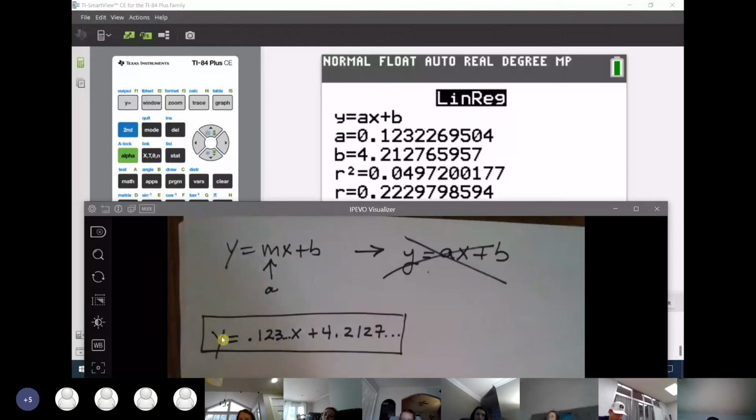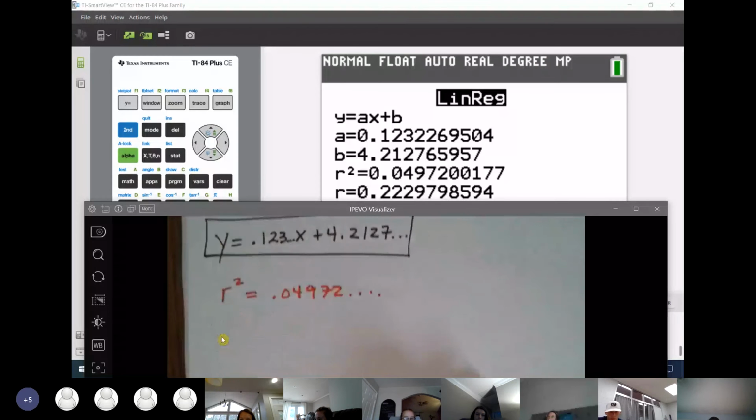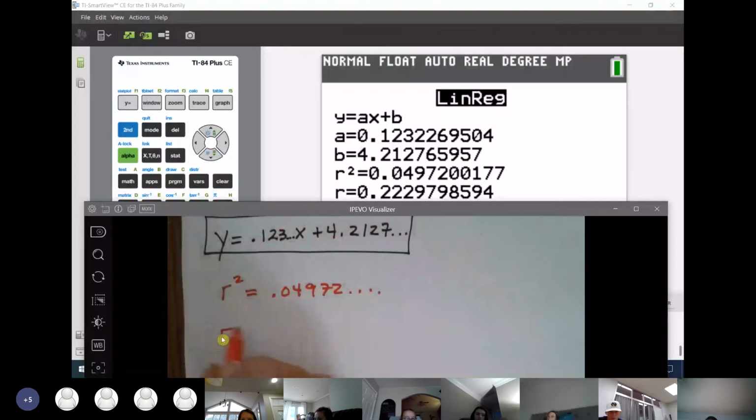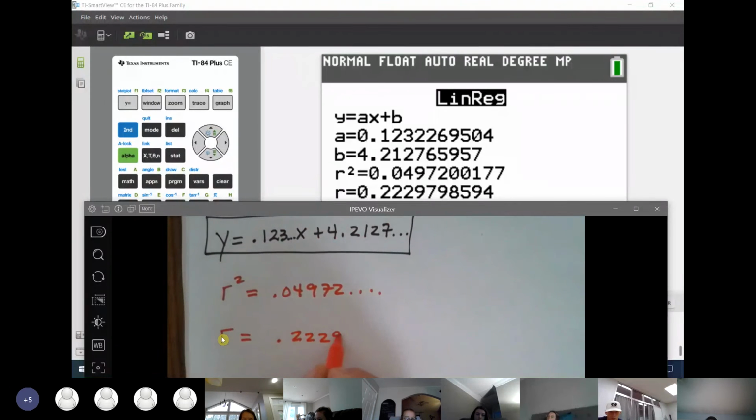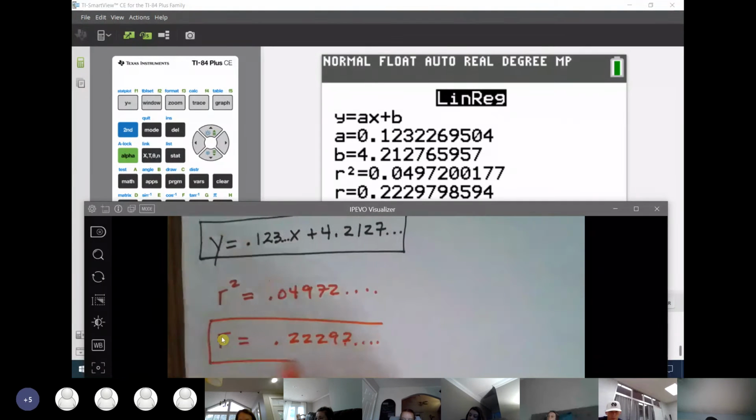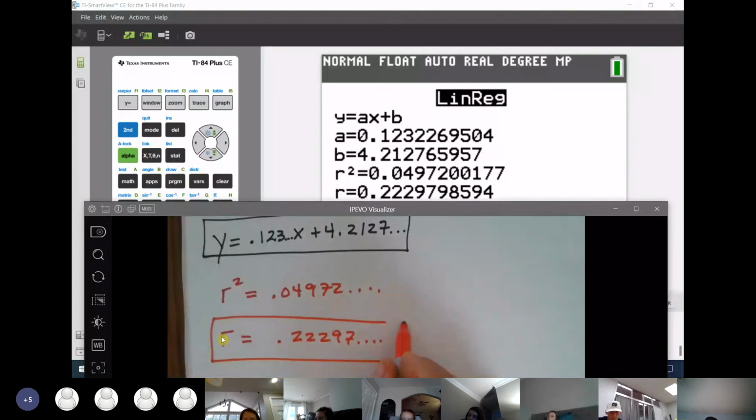R squared is really not important. But R is. This is called the correlation coefficient.